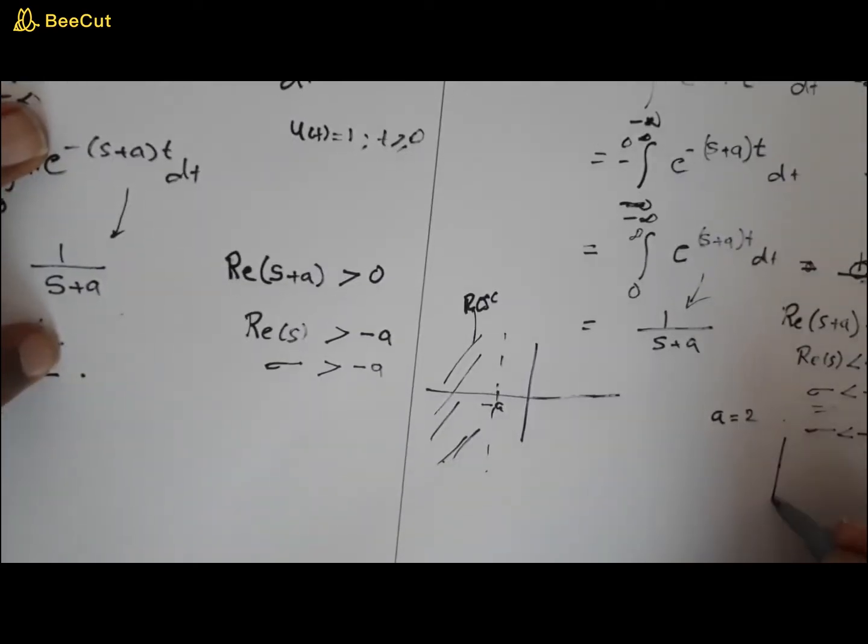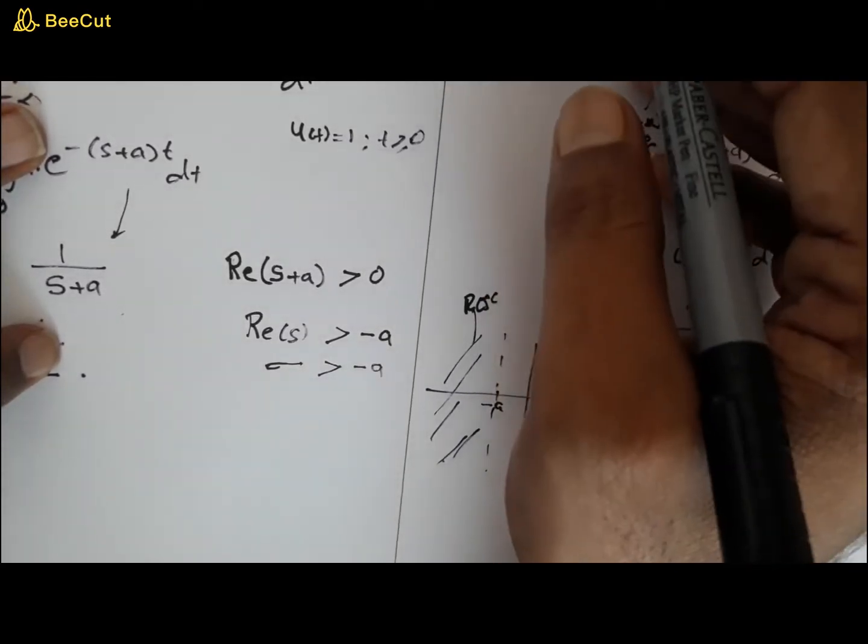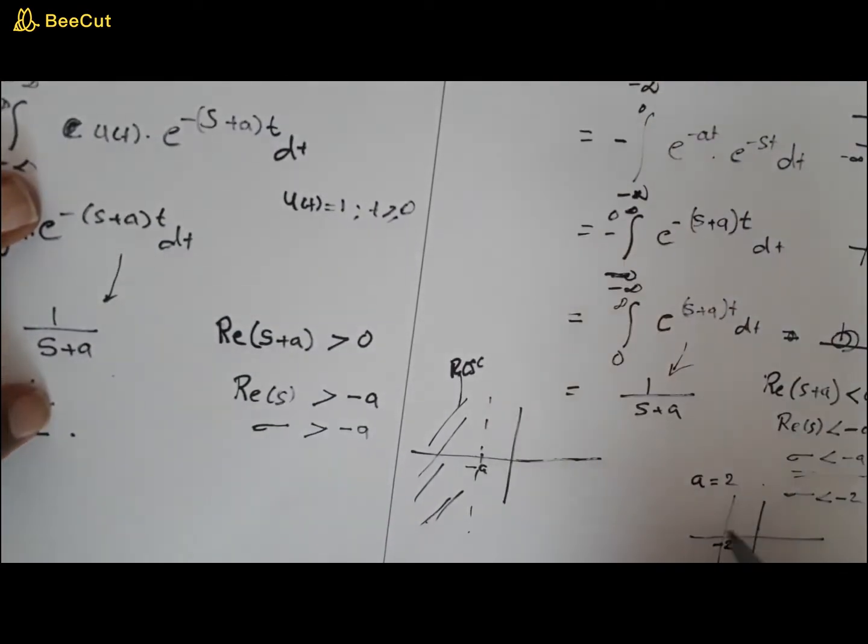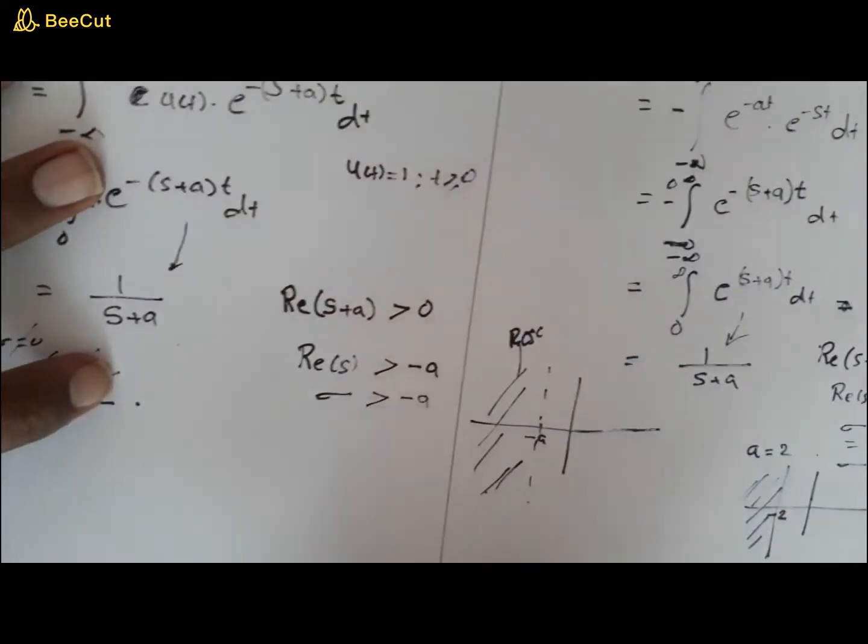You have an s plane with sigma equal to minus 2. This signal, say minus e raised to minus 2t into u of minus t, will have an ROC less than minus 2. So what about the case where sigma is greater than minus 2? In this region there is no Laplace transform.